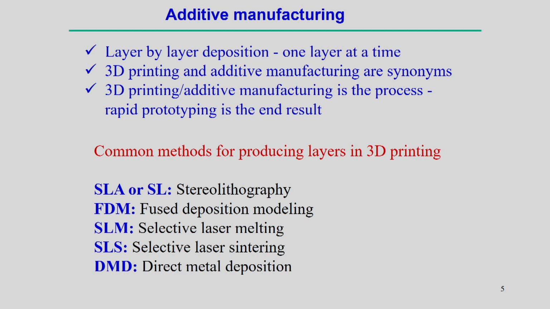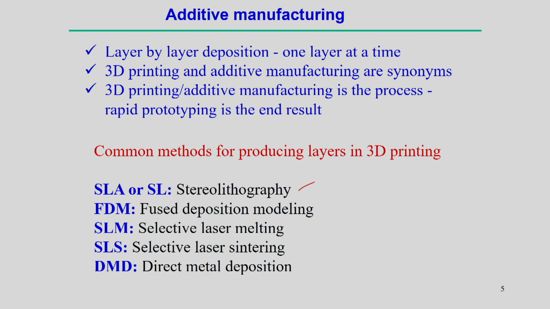Now, what are the common methods for producing the layers in the 3D additive manufacturing process? First is stereolithography, which we will discuss, called SLA or SL, or sometimes also vat polymerization. Then FDM, fused deposition modeling, in which mostly wire is fused and deposited.